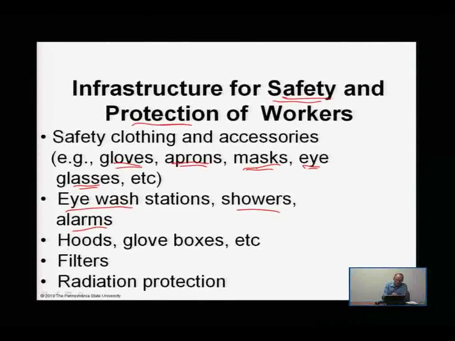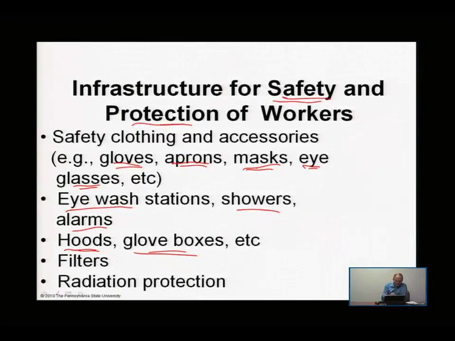So the processing is done in hoods, maybe in glove boxes, or perhaps even in a clean room. So you're trying to protect the worker, and at the same time create an environment where contamination is under control, you have good yield, and the process is under your command, and you know exactly what's going on. So you have to protect the humans, and you have to create the correct environment. That's the job of the infrastructure.